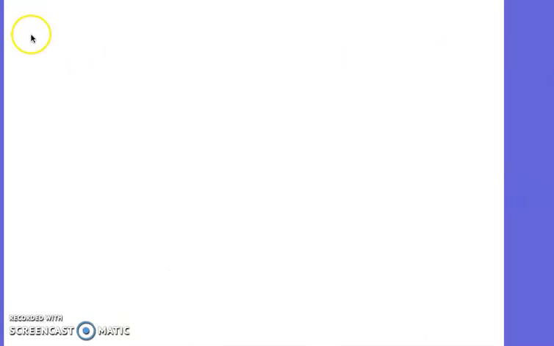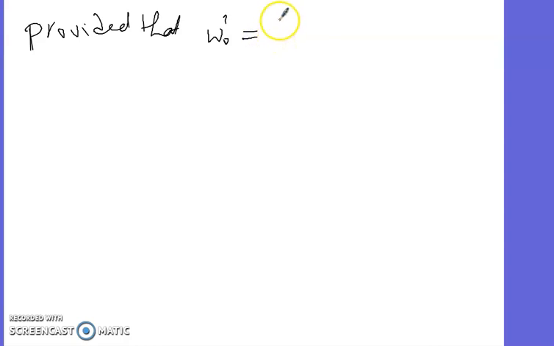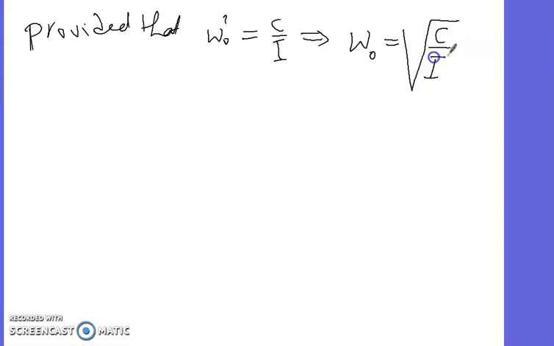Provided that omega 0 squared equal c over I implies omega 0, which is the angular frequency, is equal to radical c over I. So I can find the proper period or the natural period.